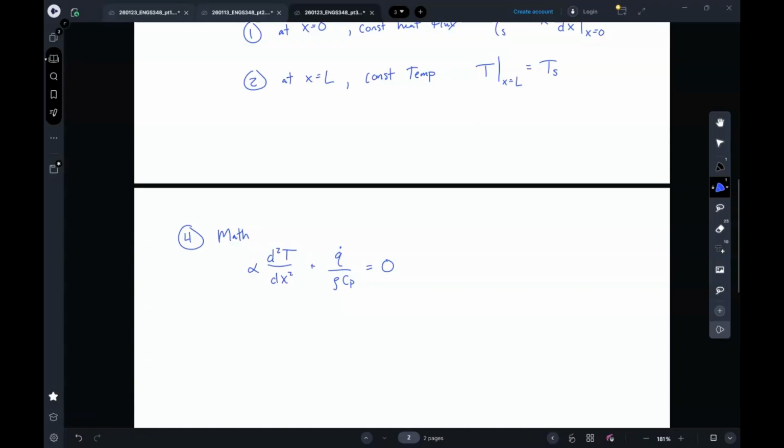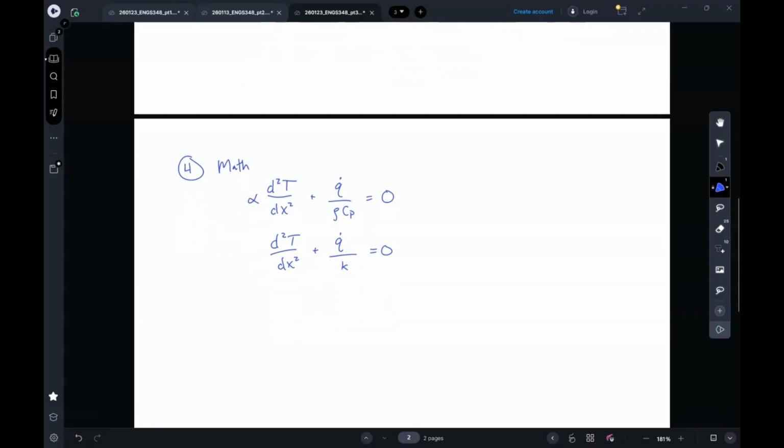We'll divide both sides by alpha, just to get rid of that alpha there. We can go d squared T dx squared plus q dot over k equals 0.